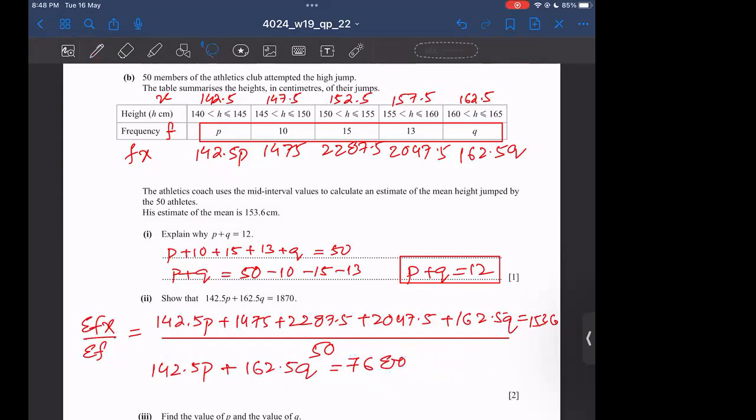After your subtraction here of all these values, minus 1475, you get the value 1870 here.